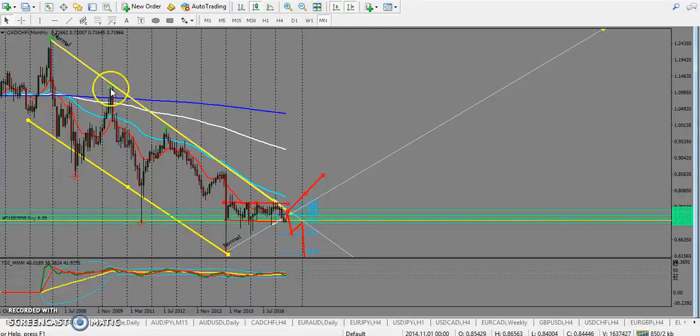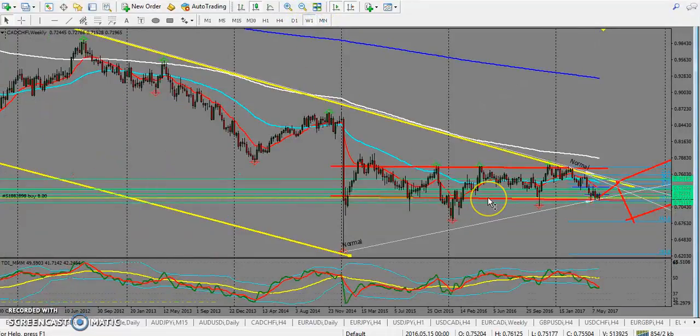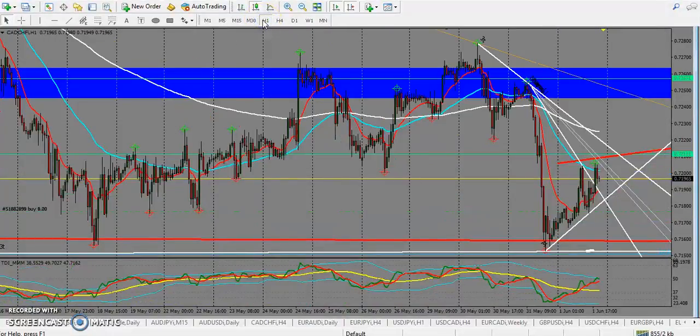The thing is, this is a monthly channel, and this consolidation zone right here is more of the weekly. If you were to go to a smaller time frame, you would see different sorts of patterns, like this head and shoulders right here.